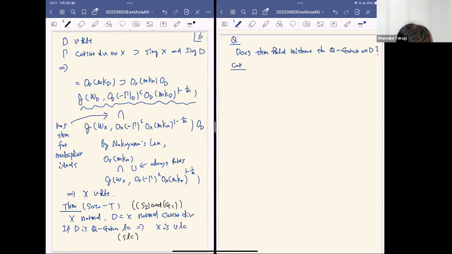Then, as a corollary of this result, this theorem has the following application to the deformation problem. Now F is a proper flat morphism to a smooth curve.